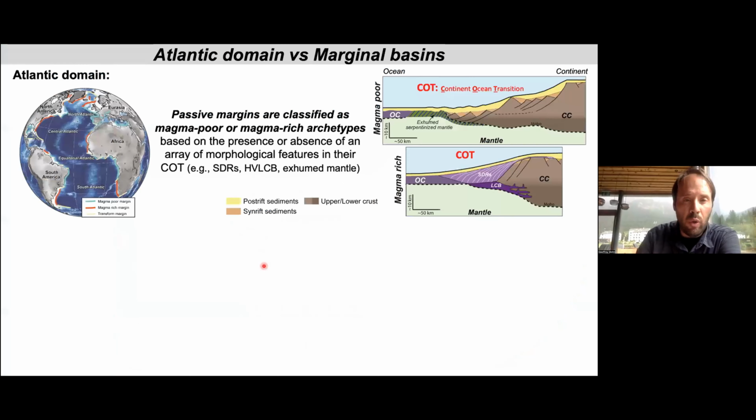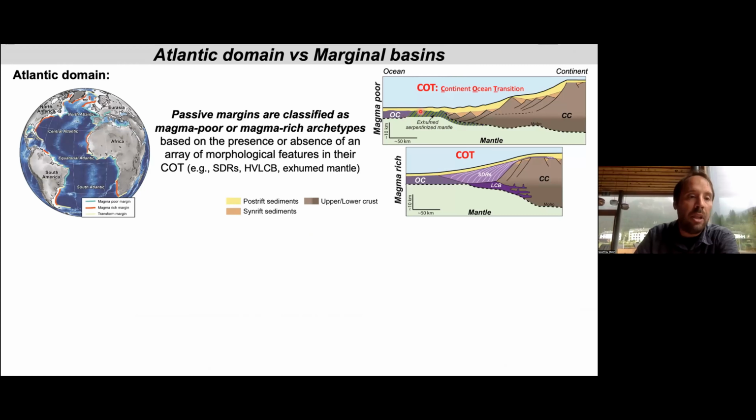So when we speak about continental breakup, what we have in mind is the classical Atlantic type end members, like the Atlantic type magma poor rifted margins such as the Iberian Newfoundland margin, where you have a succession of tilted blocks leading eventually to exhumed mantle with little magmatism, and after that moving to oceanic crust.